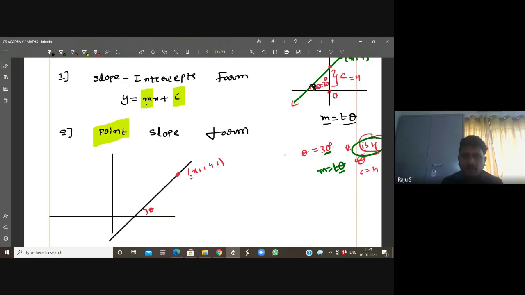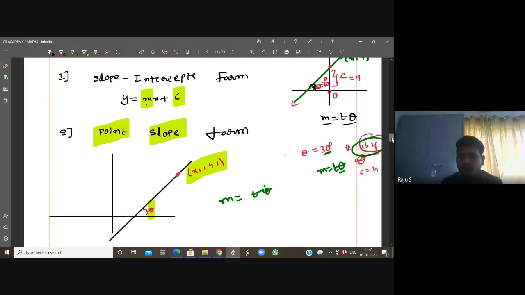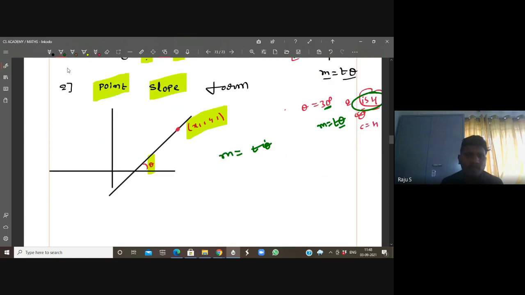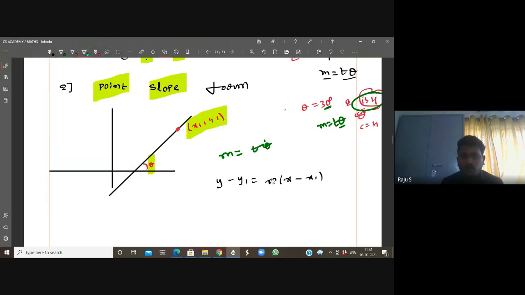The point is x1, y1, and the slope comes with the help of the angle theta. With tan theta, you can find the m value. Then the equation of the line in this case is y minus y1 is equal to m into x minus x1. This is called the point slope form.